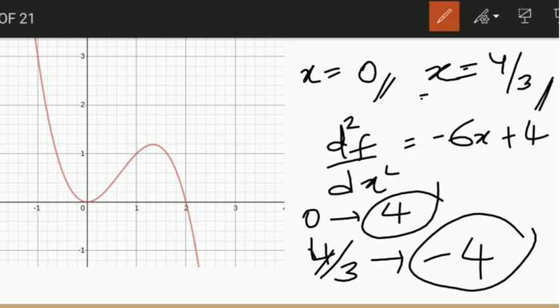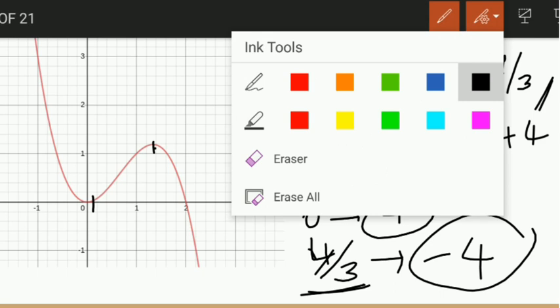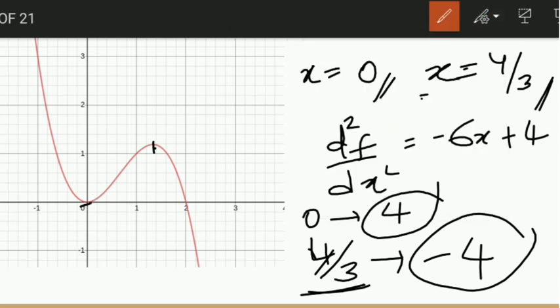So at 4 by 3 we will have the maxima. Let's check this with the graph. 4 by 3 will be almost between 1 and 2. Yes, this is that point. Yes, it's true. We have the maxima at 4 by 3 and we have the minima at 0.